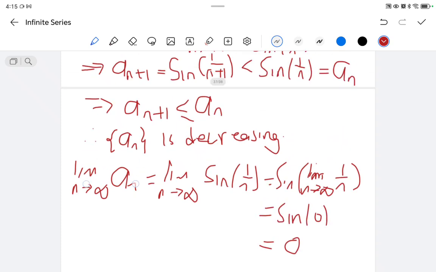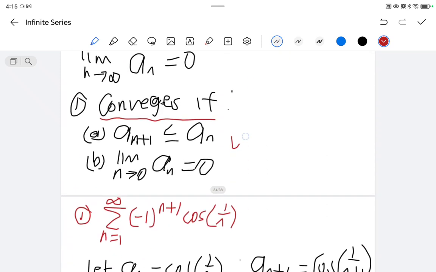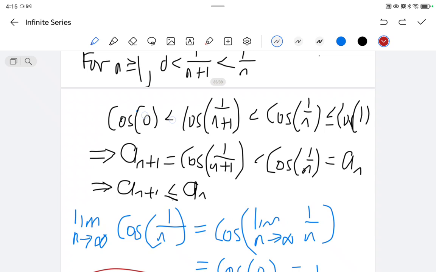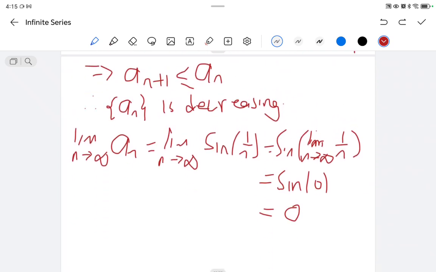So now the two conditions are met. We found that this is correct and this is correct. Then we can deduce that this converges, by the alternating series test.